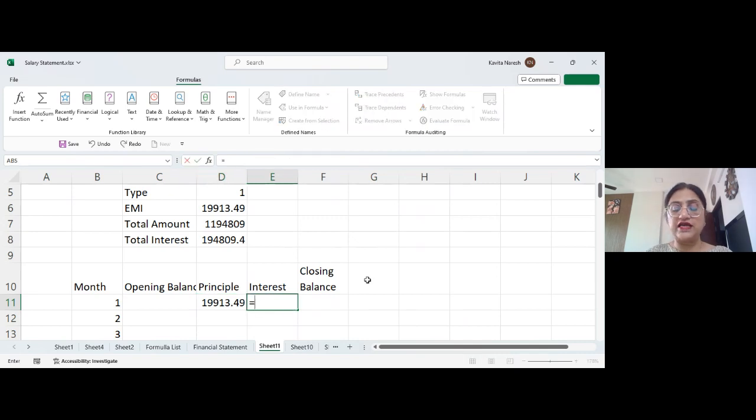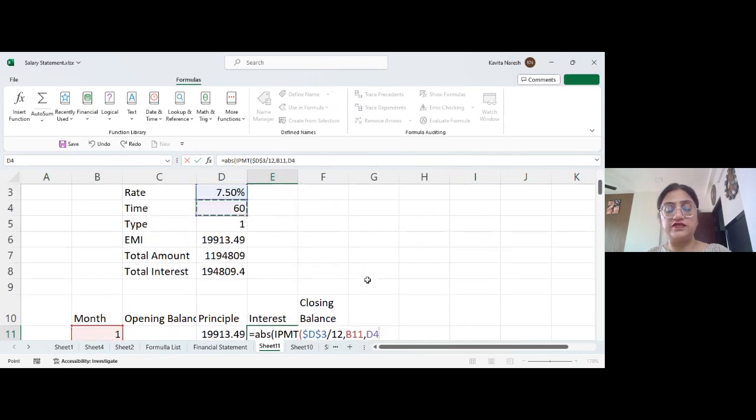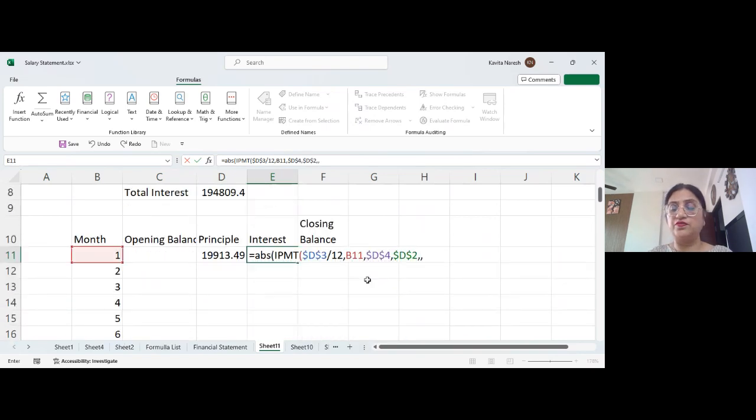Now calculate the interest, IPMT. Interest will be 0 because in the first month financial institutions will not charge interest from your side. Why? Because you are paying in the first half. Because you are taking the parameter 1 na, on the type. Okay. So rate same, divide by 12, comma, per, then principal, then comma, comma, same you can take from.